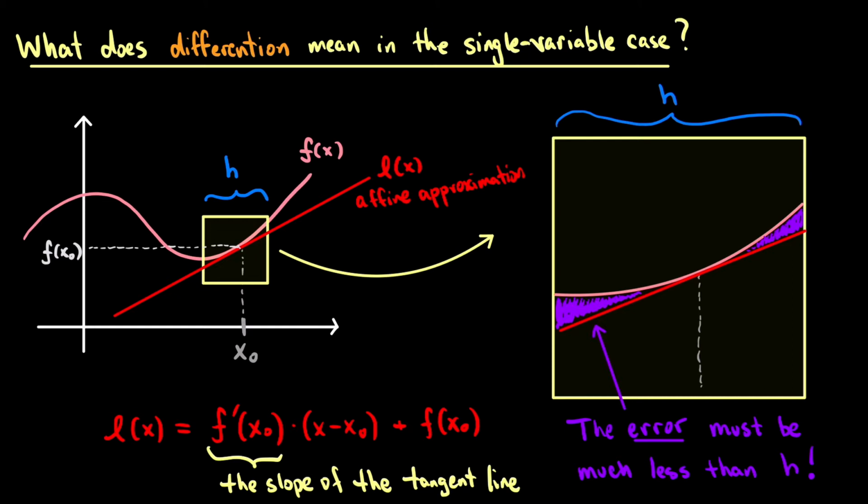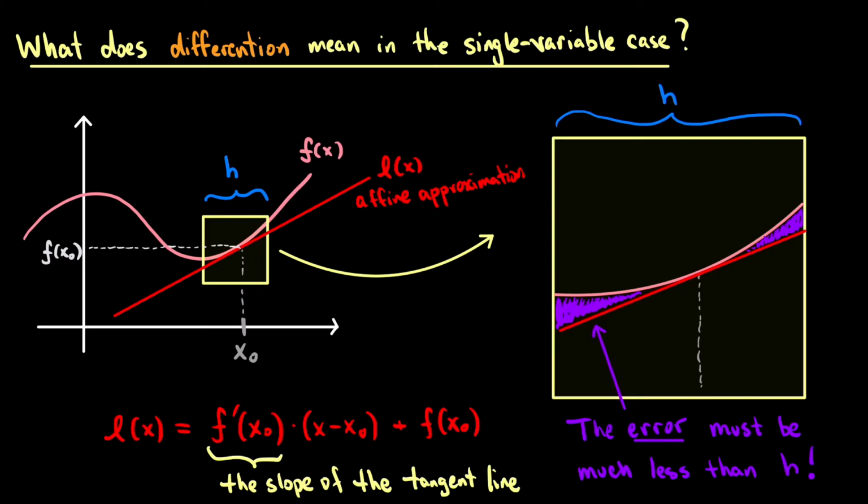As this box of size h becomes small, this purple area is much smaller even than h. So if we divided by h, the size of the box, the error would still go to 0. We say that this is what it means to have a good linear approximation.